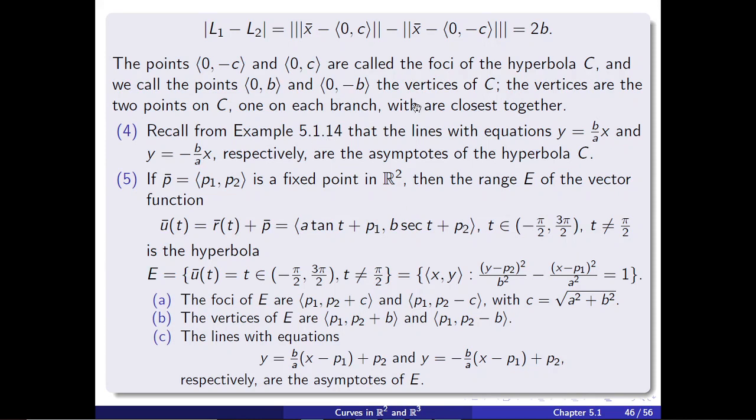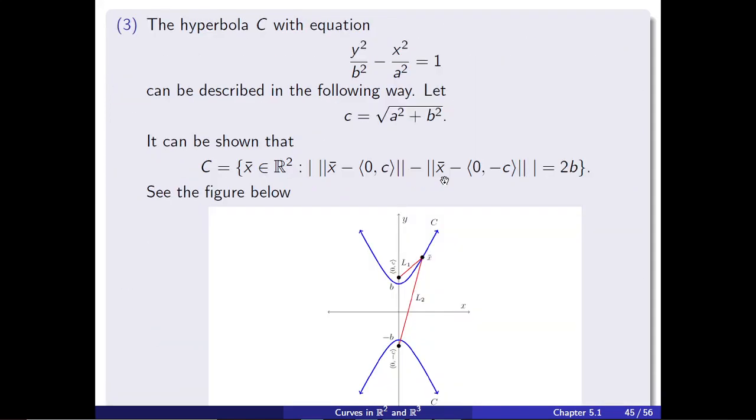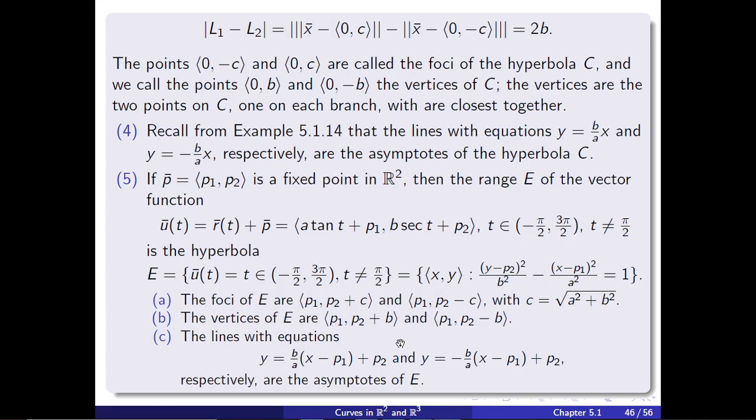The vertices in this case are defined to be the points that are closest to each other, looking at the different branches. This will be the closest.